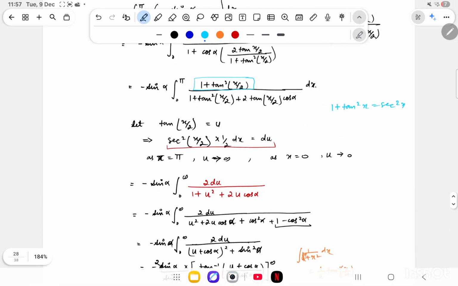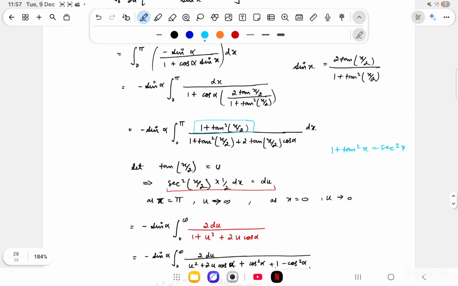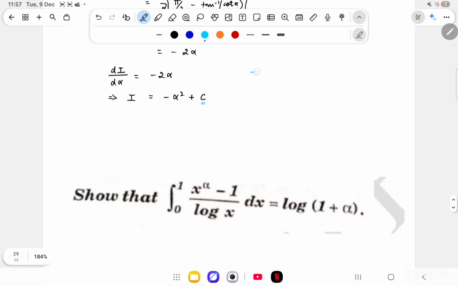If you observe, initially my I of alpha was equal to the integral from 0 to pi of log(1 plus cos alpha sin x) dx divided by sin x.